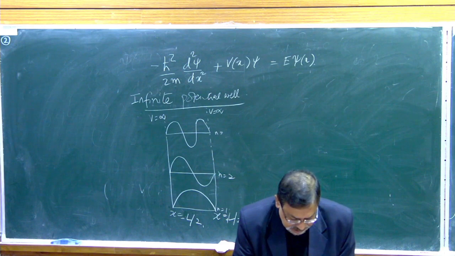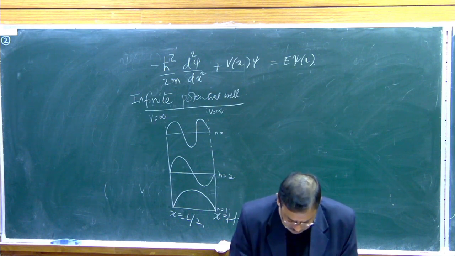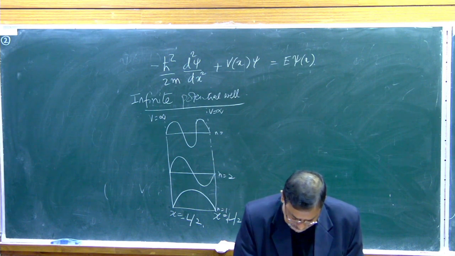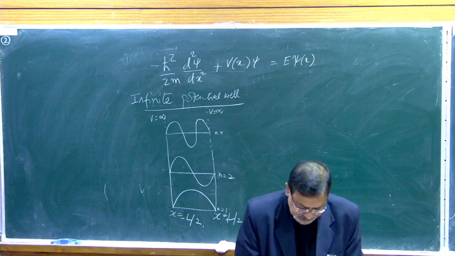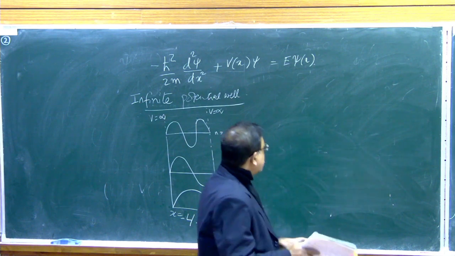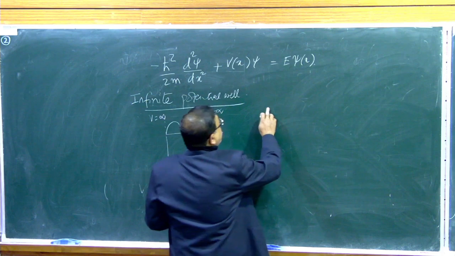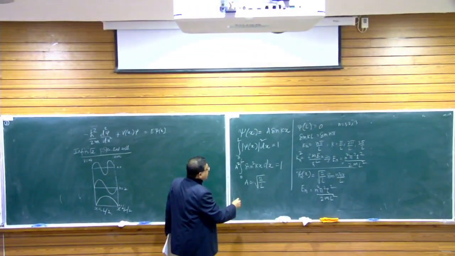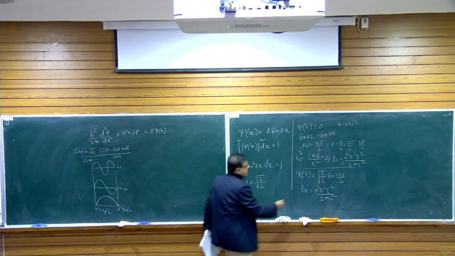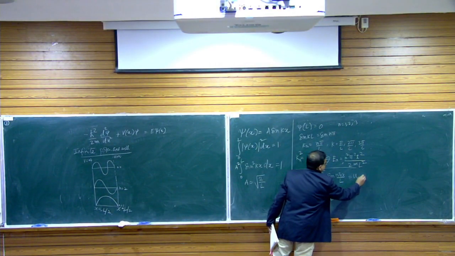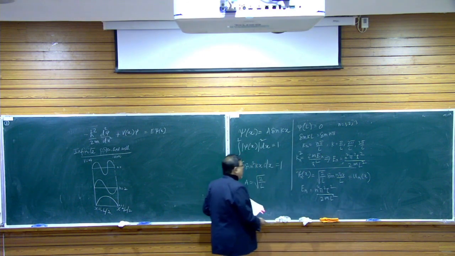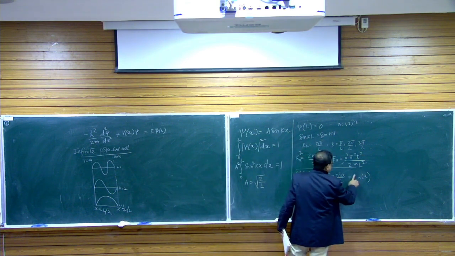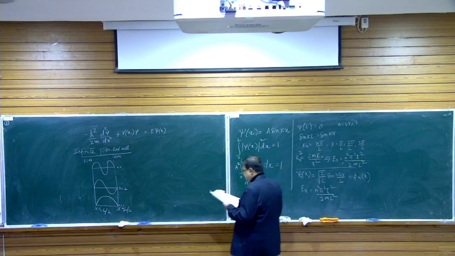Let us see what can be learned from that. So what we can do is the following: instead of calling it psi n, we can call each one of those u_n(x), which are the basis functions, basically nothing but the phi n's.